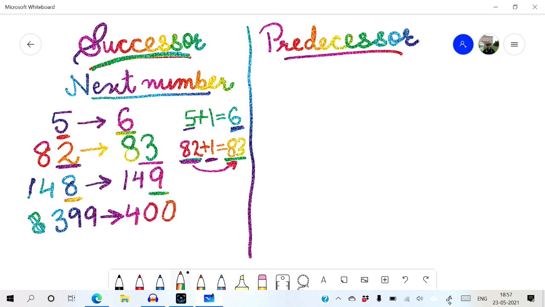400. Here children, the ones place digit as well as the tens place digit as well as the hundreds place digit, all of them have changed. But don't worry, we have just added 1 to 399 and I am going to show it to you here.